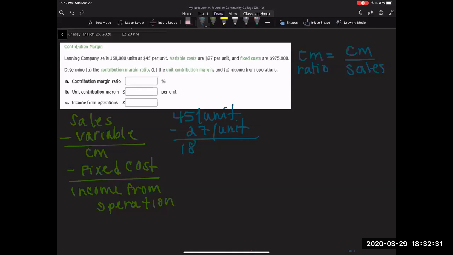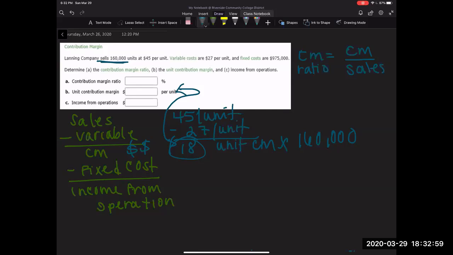That is our unit contribution margin. Now, if I wanted to know my dollar value in contribution margin, all I would have to do is multiply this same number times the number of units that I sold, which is 160,000 units. But for right now, this $18 satisfies this blank, okay?